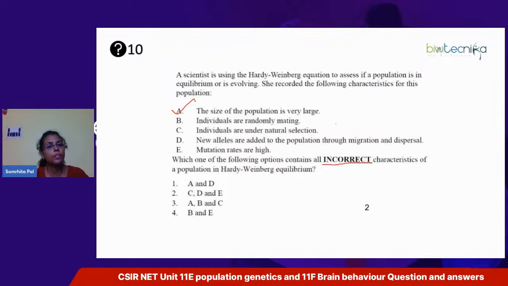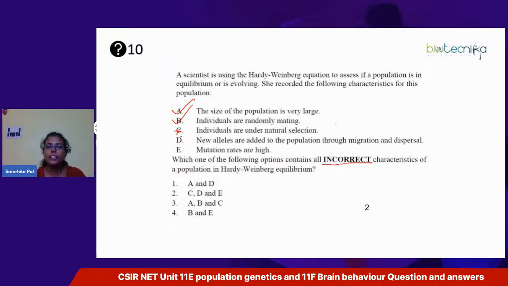The second assumption is that individuals are randomly mating. Individuals are under natural selection? No, Hardy-Weinberg says individuals are not under any kind of selective force. That is an assumption it makes. So statement C is wrong.